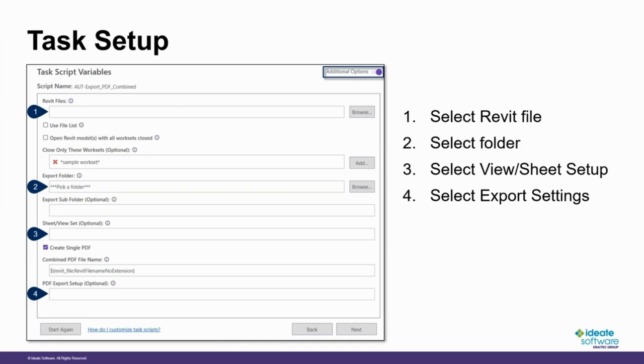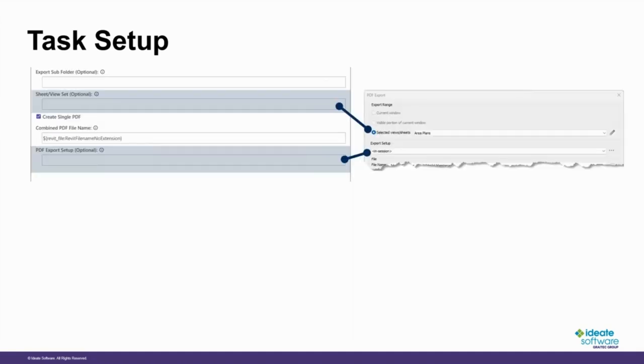So some Revit users might start to understand the correlation between these final settings, right? So when you're actually in Revit and you're exporting a PDF to print, you have these similar options here. So these settings right here in the task setup directly correspond to the settings that you would put in the general Revit interface. So you can see that the sheet view set corresponds to the selected views/sheets within Revit.